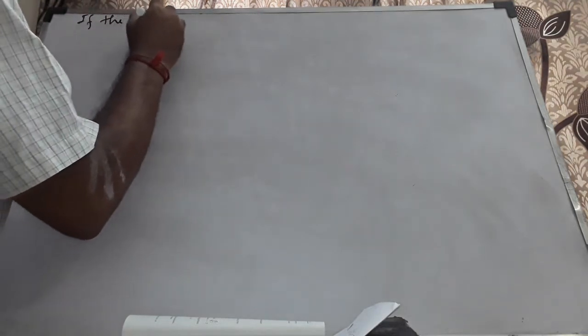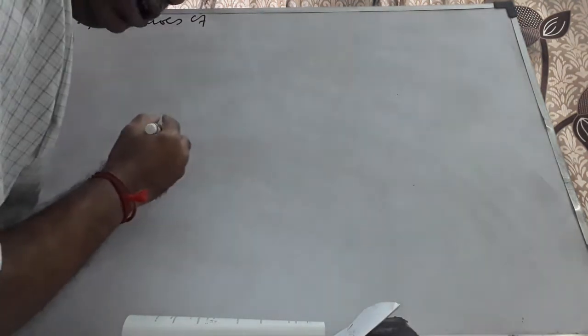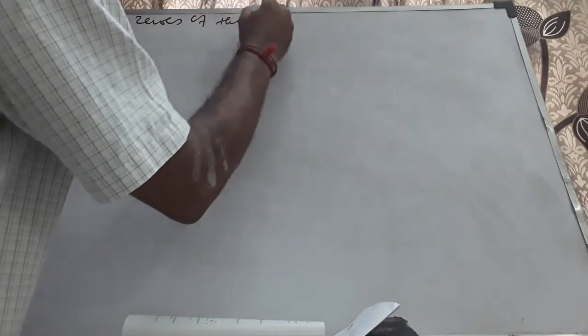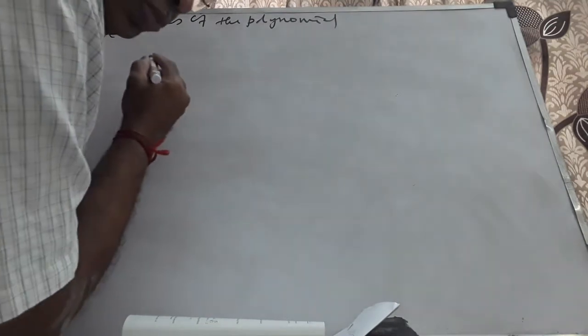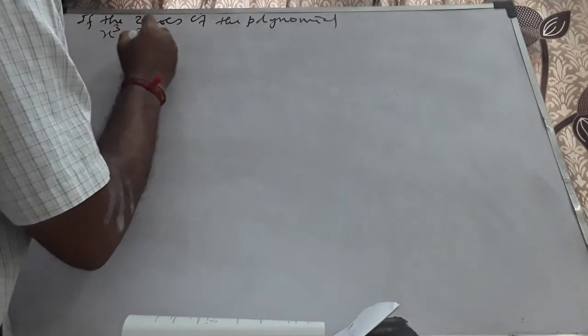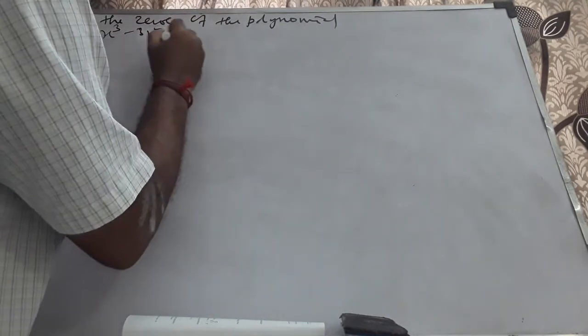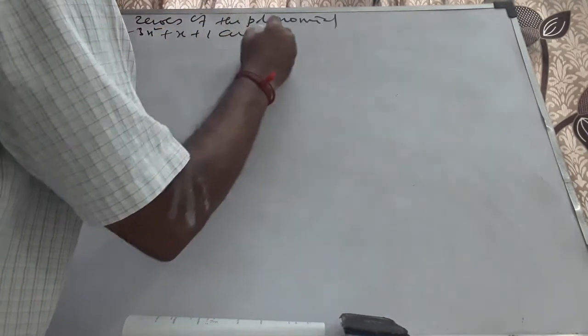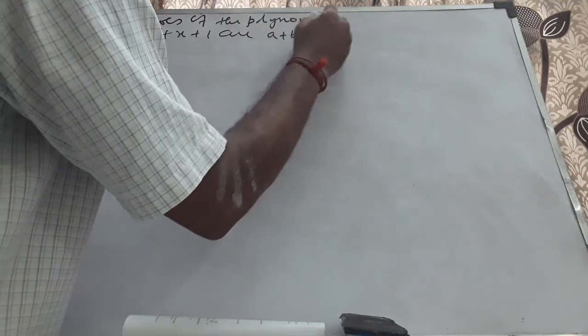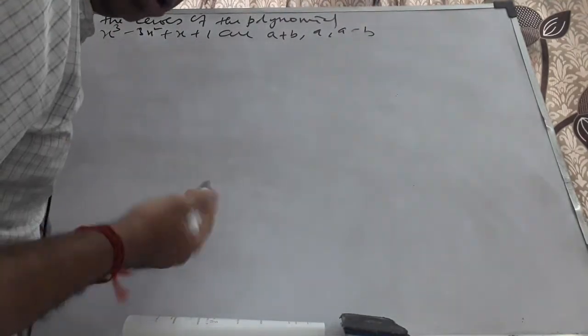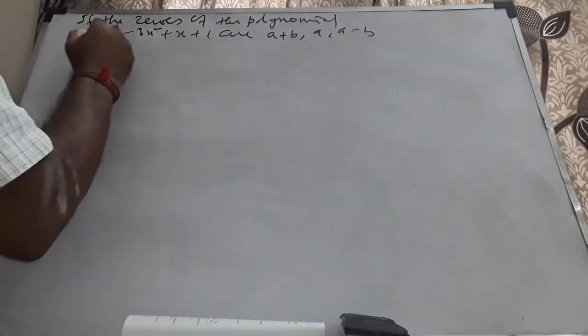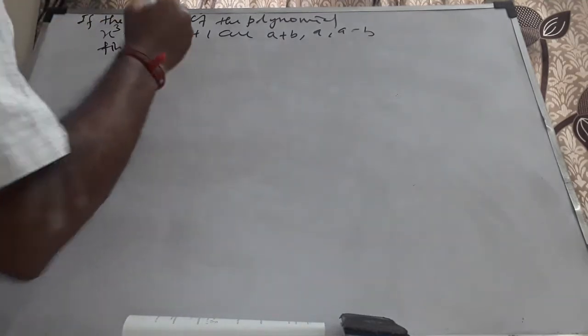If the zeros of the polynomial x cube minus 3x square plus x plus 1 are a minus b, a, a plus b, then find a, b.